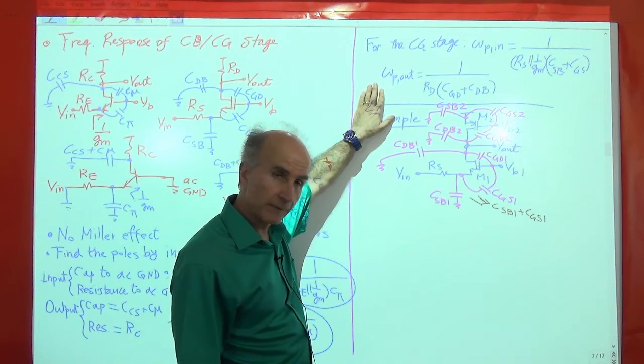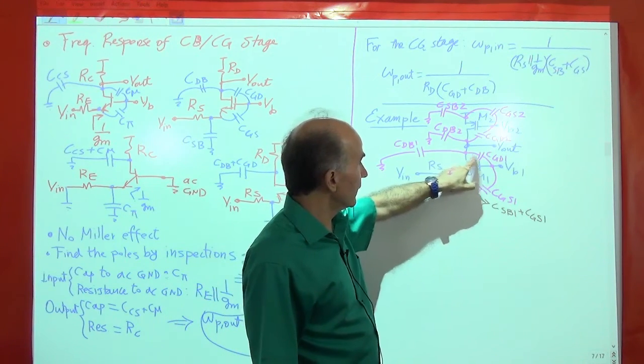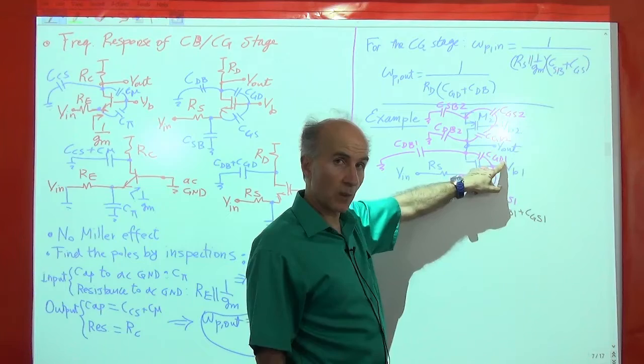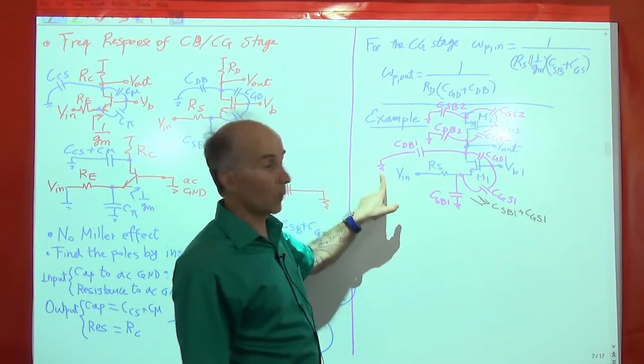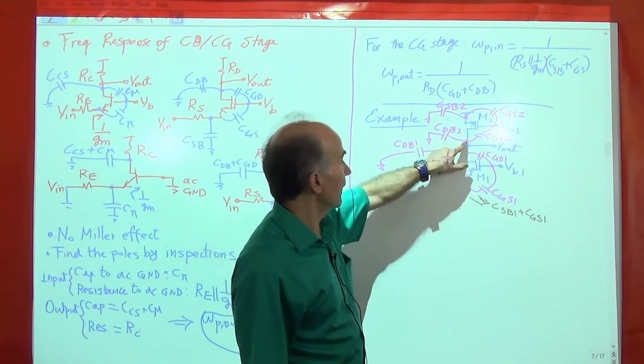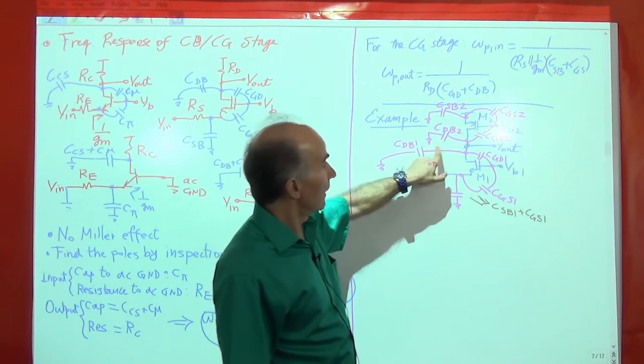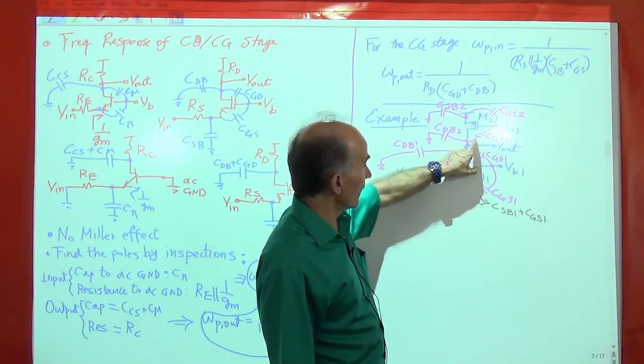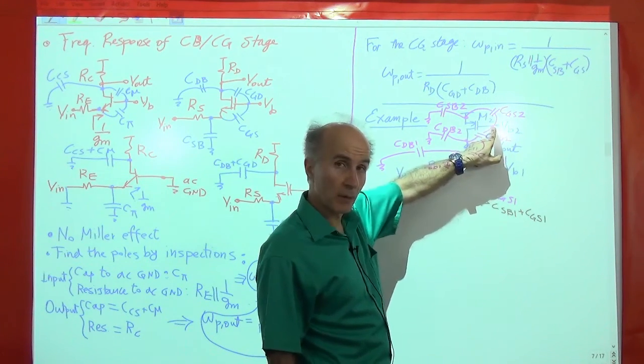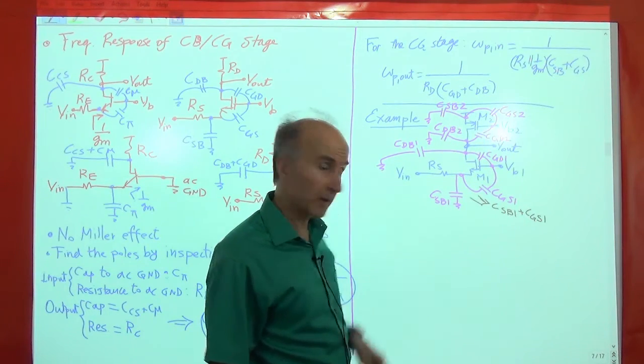All right, let's go to the output node and see what capacitances we see from there to AC ground. We have from here to this AC ground, CGD1. Then we have CDB1. Then we have CDB2. Then we have CGD2 also, right? This also goes to AC ground. So all these four caps become one.